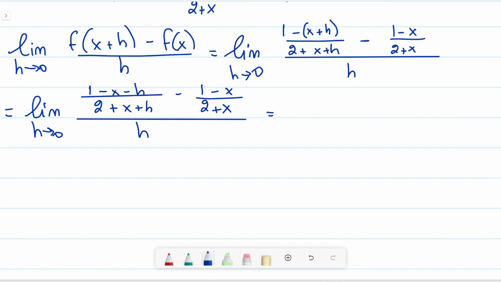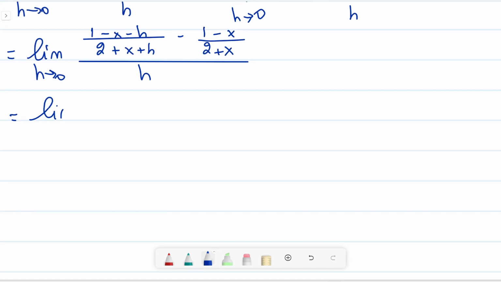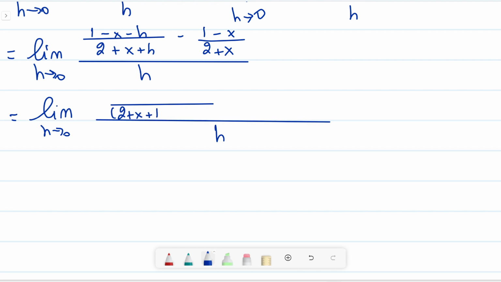Now, let us find a common denominator. So maybe a common denominator would be the denominators of both fractions multiplied. So we would have 2 plus x plus h times 2 plus x. And since I multiplied the denominator of the first fraction by 2 plus x, I have to multiply the numerator by 2 plus x as well.